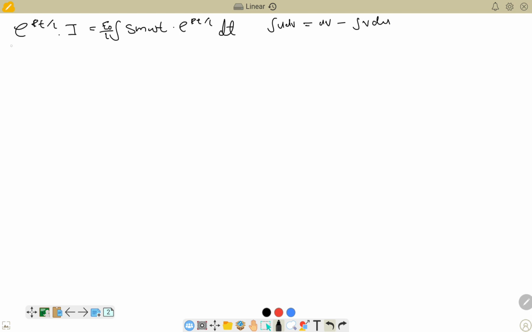So in this case, we can say that U is actually equal to e to the power Rt over L. Then dU will be equal to R over L e to the power Rt over L. Then we will let dV be equal to the function sine Wt.